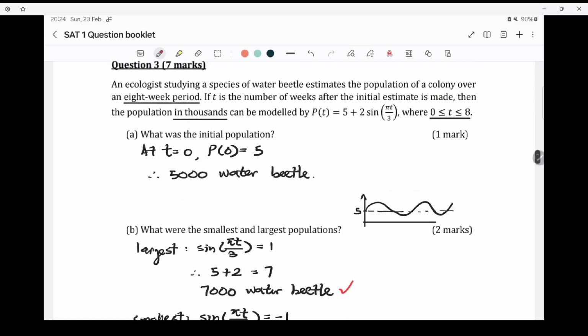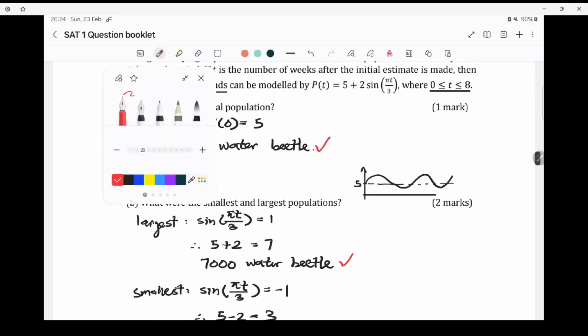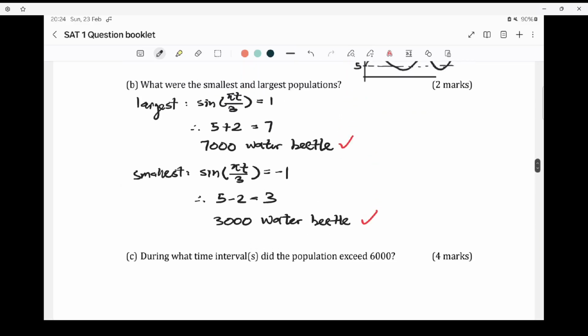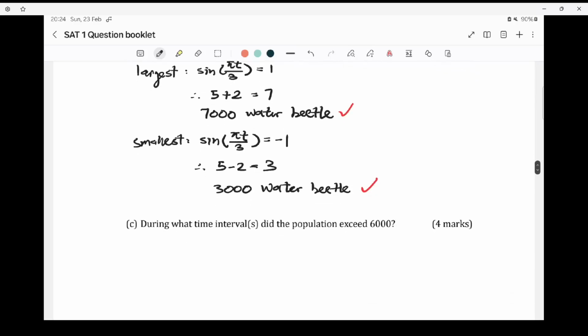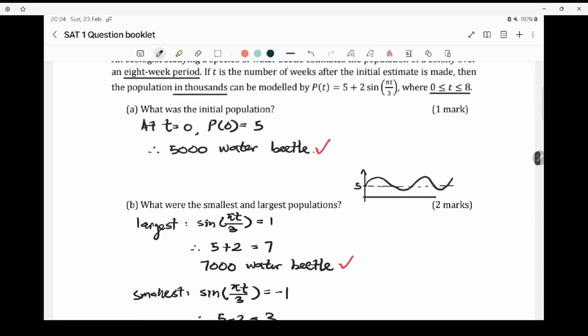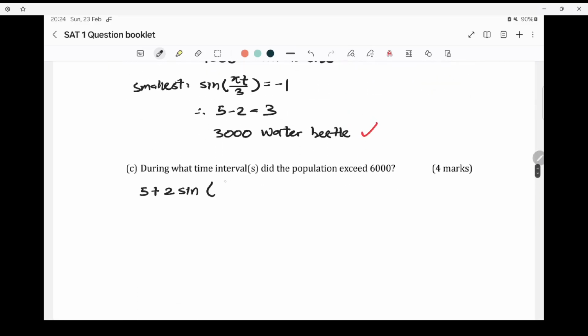So these are the number of marks. During what time interval did the population exceed 6,000? So then you need to look at this particular equation: 5 plus 2 sine pi t over 3 is 6,000.